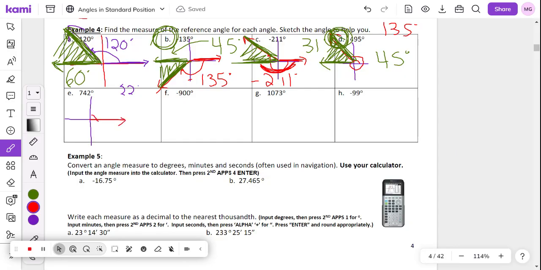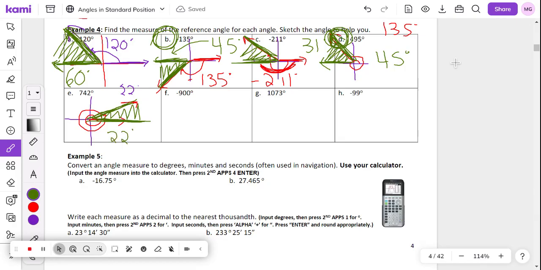We're going to go 2 full rotations around and then 22 degrees past a full rotation, which lands us right here.